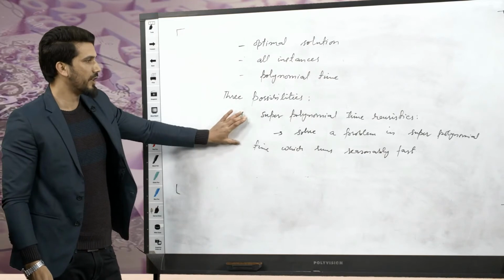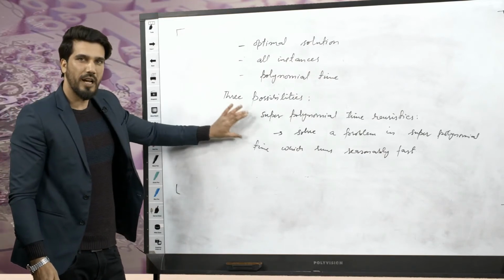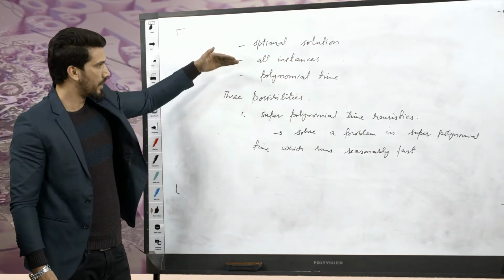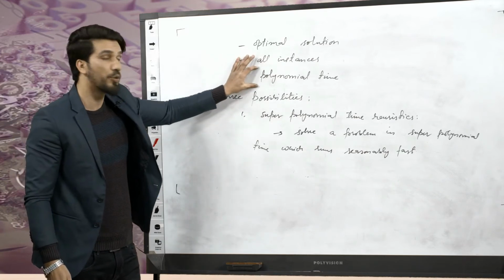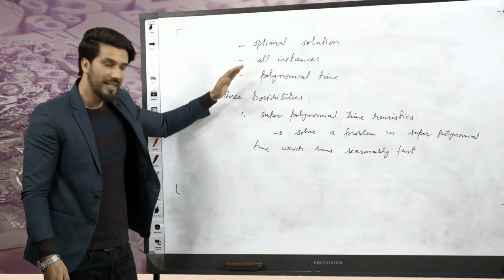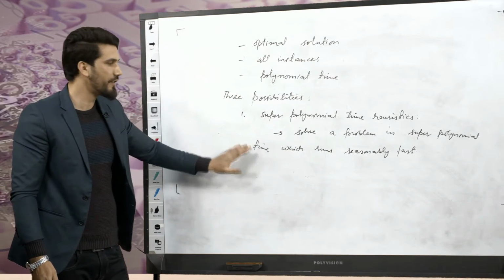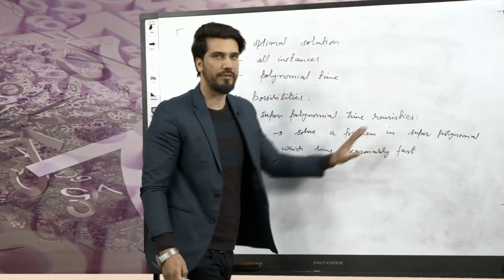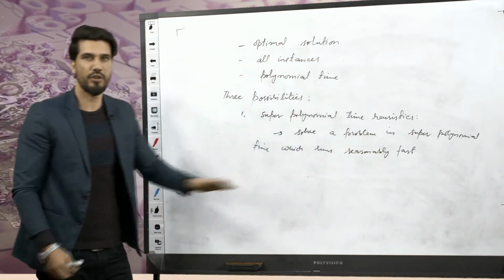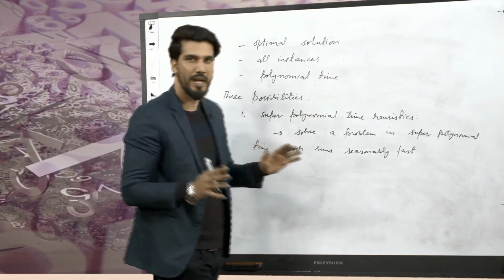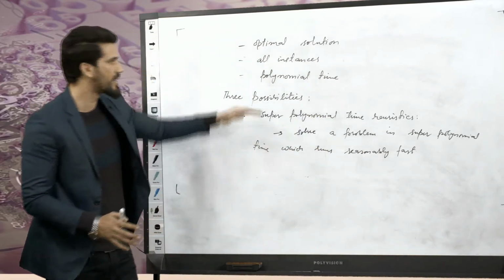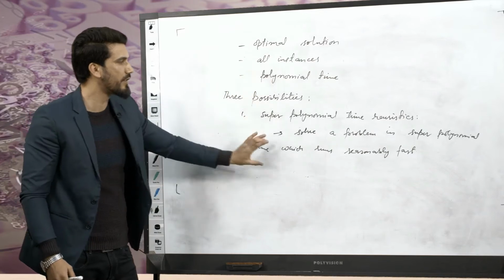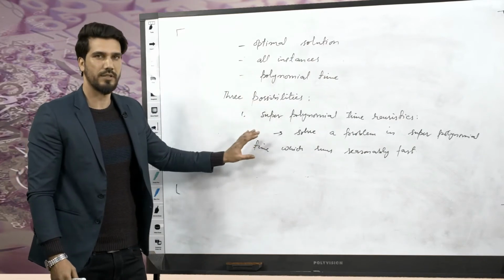In this technique, what we are doing is we are relaxing the requirement for finding the solution in polynomial time, but it still finds the solution in reasonably fast amount of time. It's not the efficient algorithm, but we can find the solution. If we relax this polynomial time requirement, we can still find the solution reasonably fast.